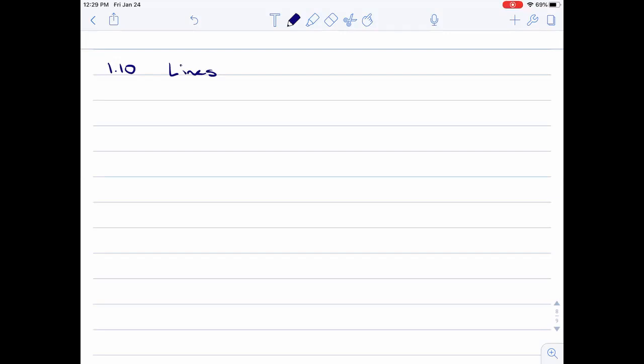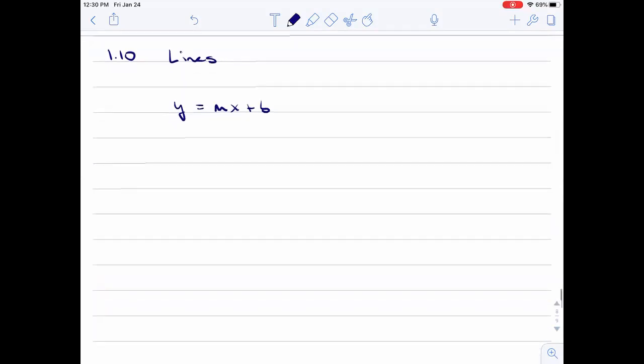So, lines. If I say something like y equals mx plus b, we've probably seen something like that before, right? And so this is the equation of a line.